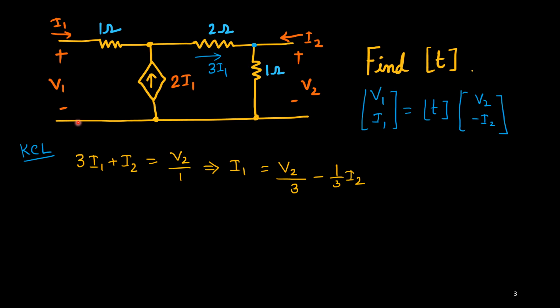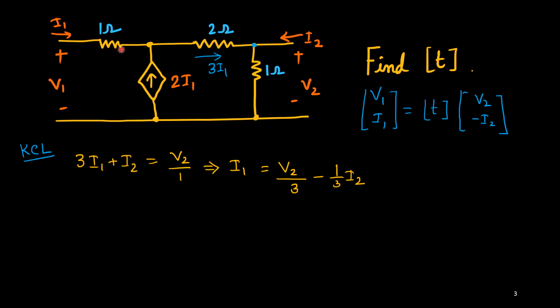If you have some confusion, you can go through my videos where I have discussed the super mesh concept. I'll consider the bigger loop containing V1, 1 ohm, 2 ohm and 1 ohm, then going back to here, and this current I'll consider as 3I1.